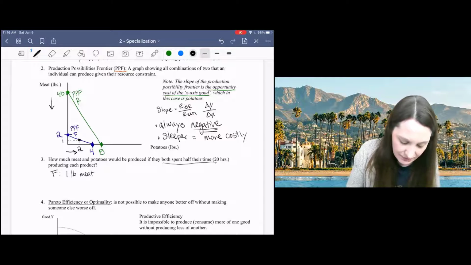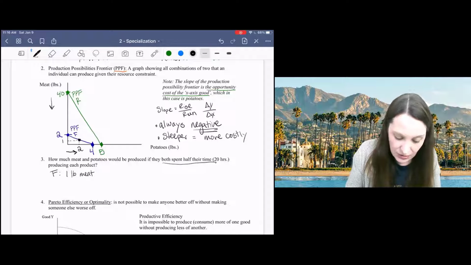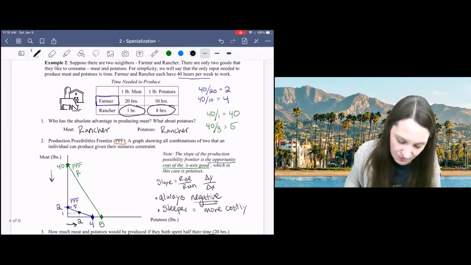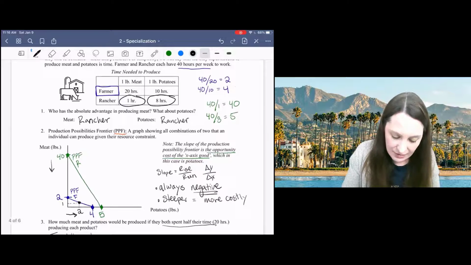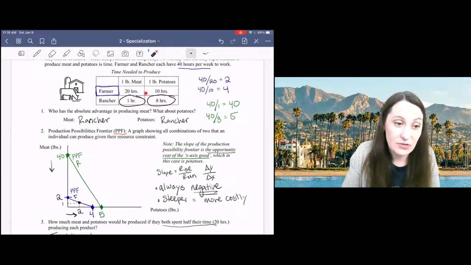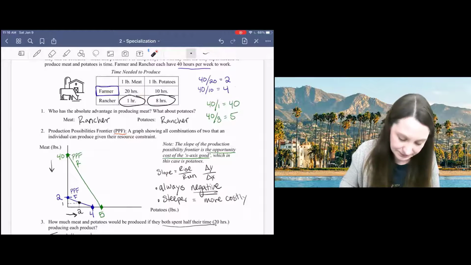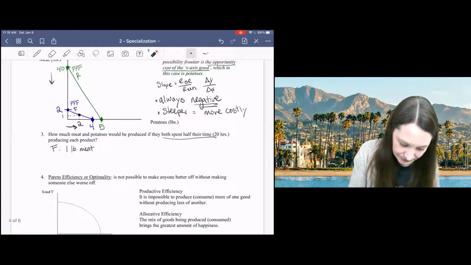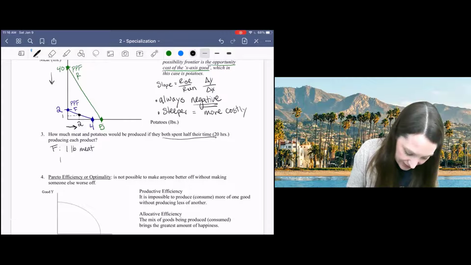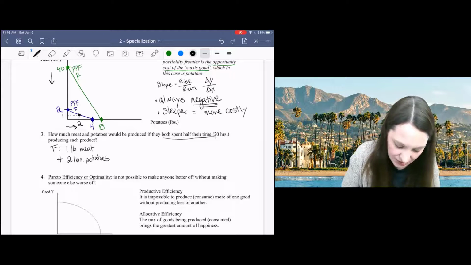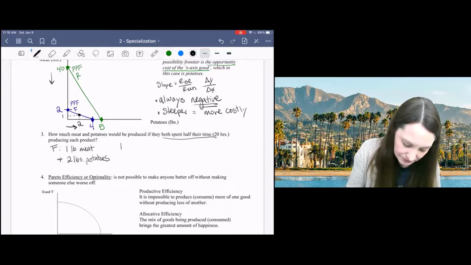You can see that because I've divided the intercepts by 2 to find the midpoint, but you can also see that by seeing how much meat the farmer could produce in 20 hours. So 1 pound of meat and 2 pounds of potatoes is the midpoint of the farmer's production possibility frontier.